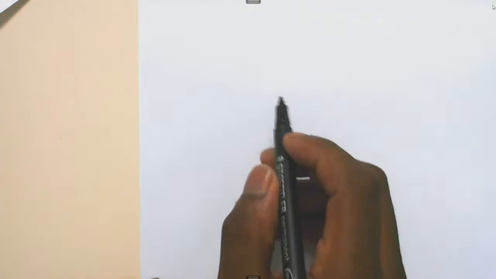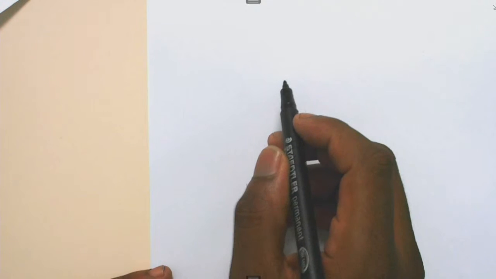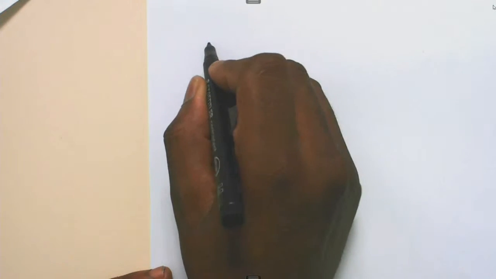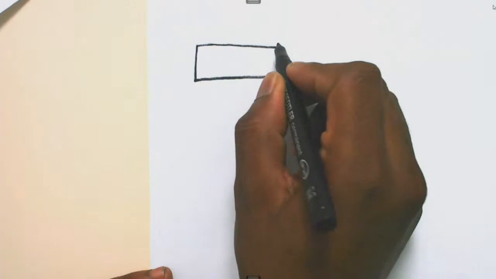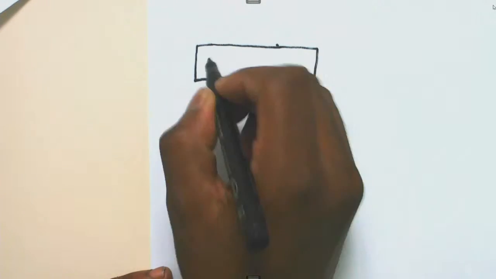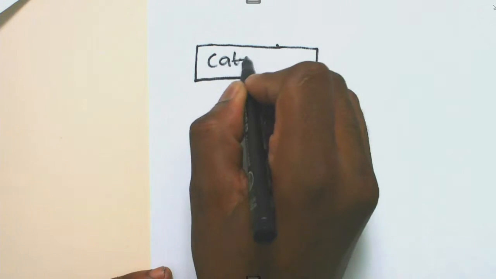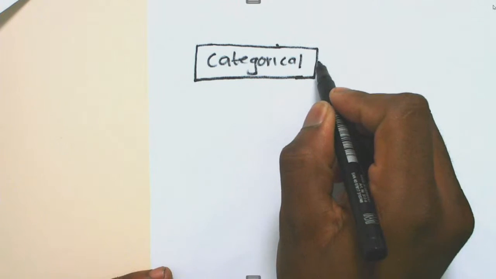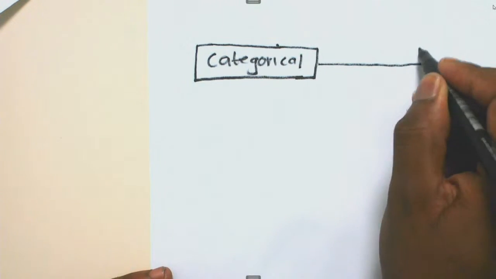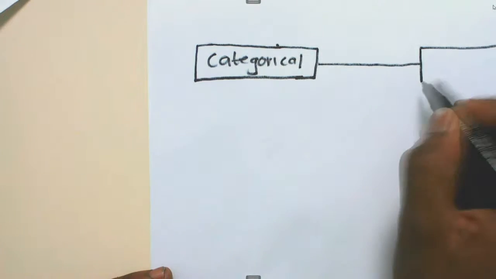We said that when we classify data, we classify it in two ways. Remember, grade 12 learners, I said we classify data in two ways. One, we classify data as categorical, according to categories. And then two, we classify it as numerical.